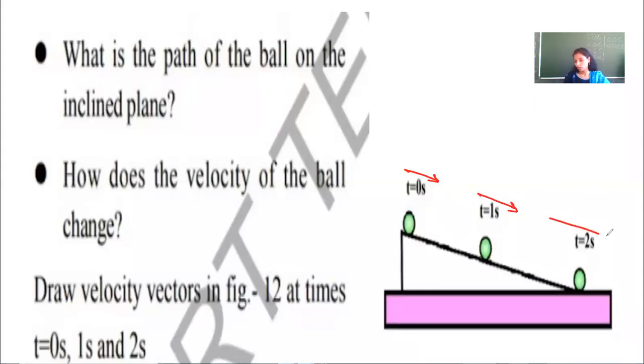In 2 seconds of time also it is moving in this direction only. So these are the velocity vectors to this figure when the ball is moving from top to bottom on the inclined plane at various times. Here we can write this is a straight line. Here it is increased.